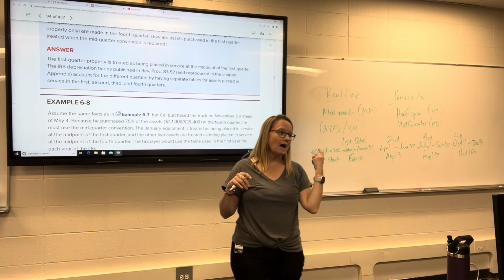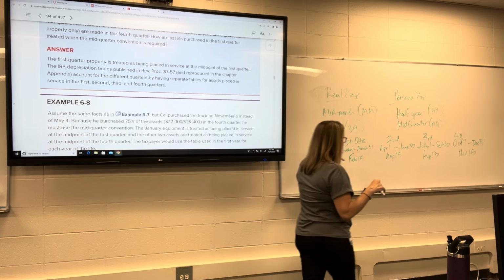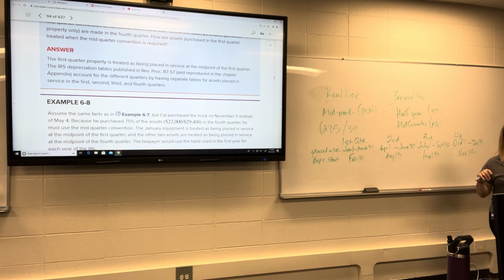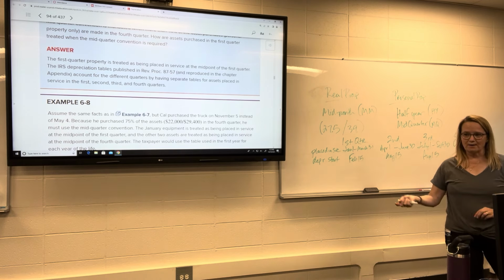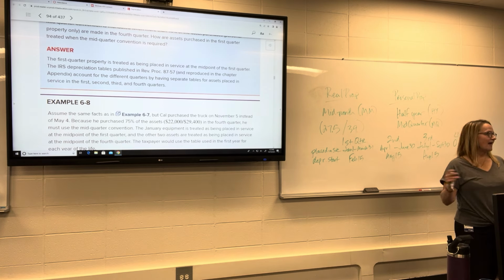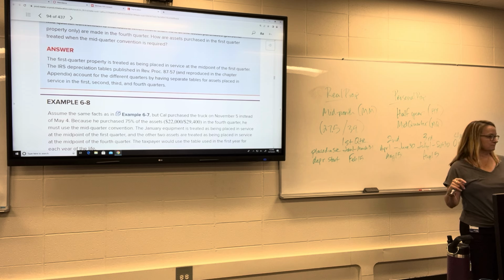Now the reason behind this is, it prevents businesses from buying all of their property on December 31st and then getting a half-year depreciation on it. Because, I mean, that would be pretty cool, right?